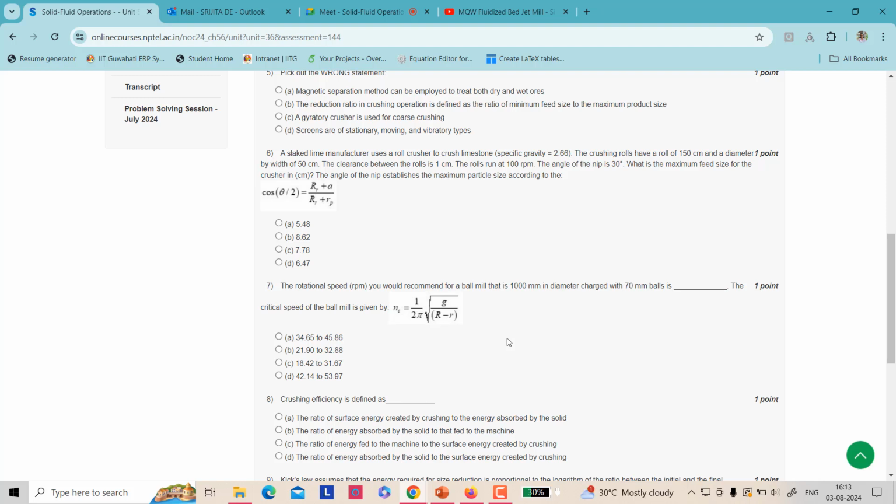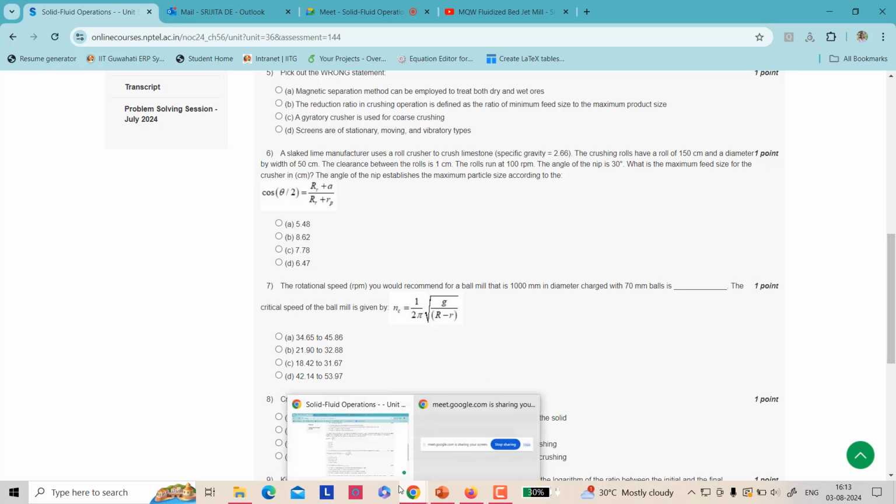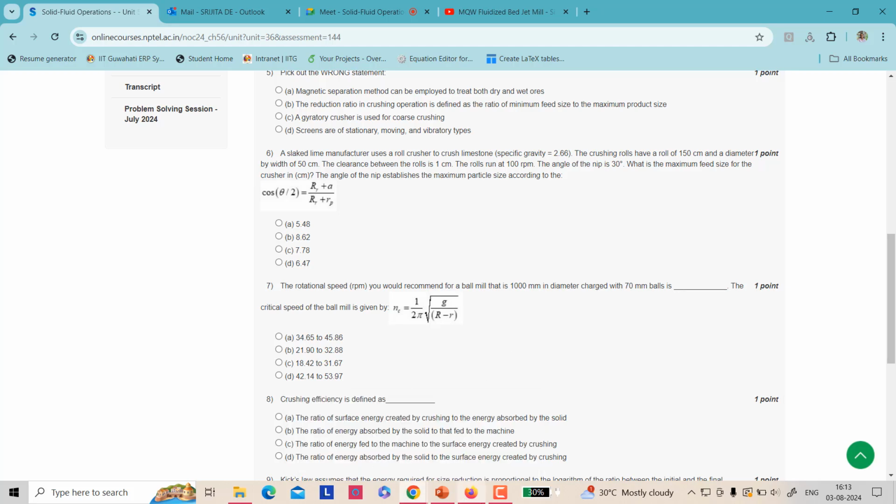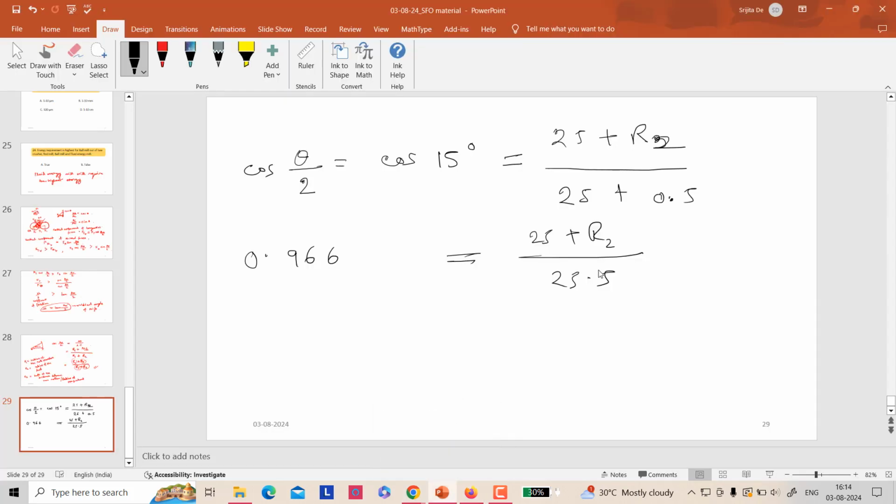The crushing rolls have a roll of 150 centimeters and a diameter by width of 50 centimeters. What is 150? 150 and 75, 50.